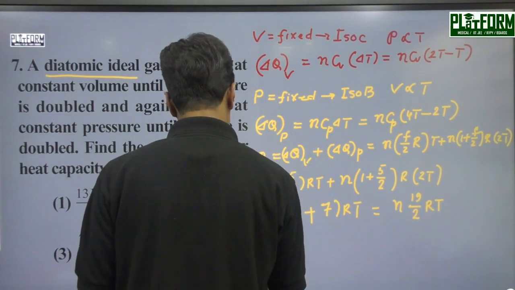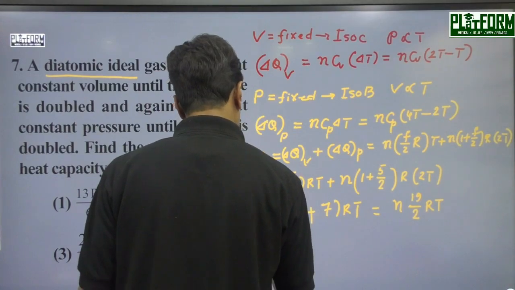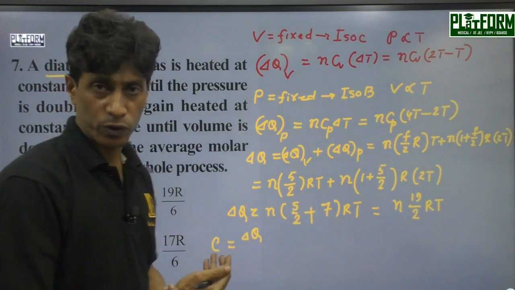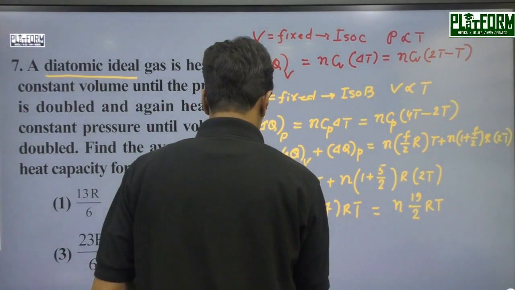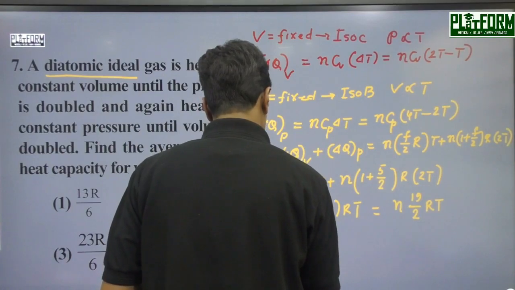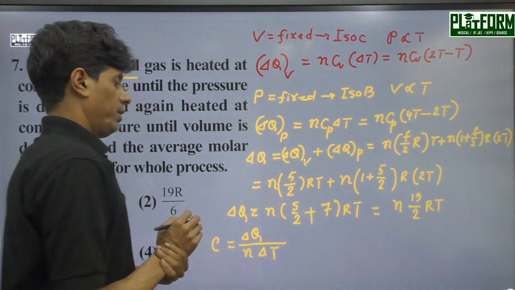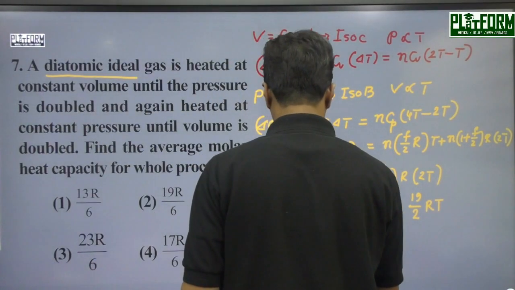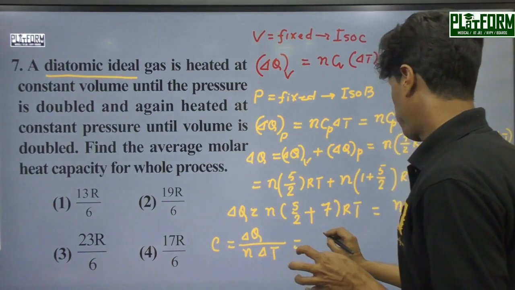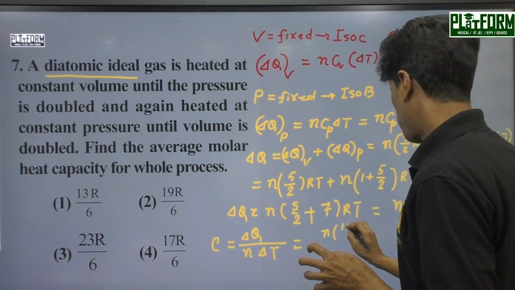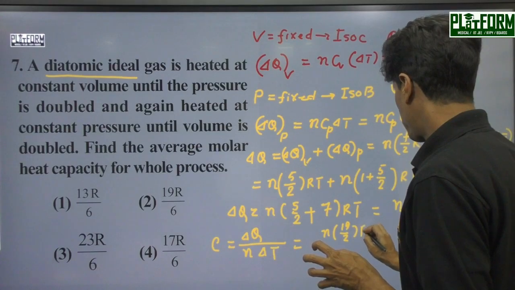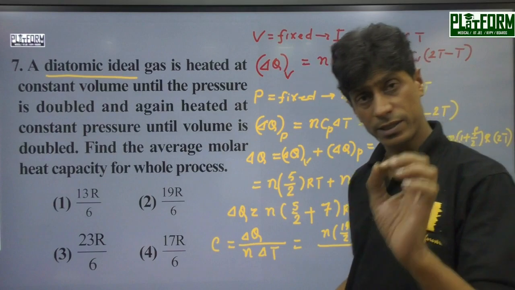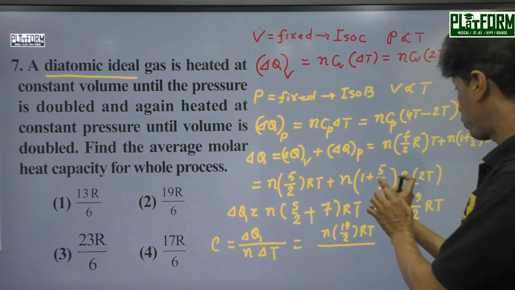Specific heat, as per the definition, is the amount of heat required to change the temperature of a unit mole of gas by one unit, so n delta T. Here the amount of heat given is 19 by 2 R T, and for the temperature change, initially the temperature of the gas is T and finally it is 4T.